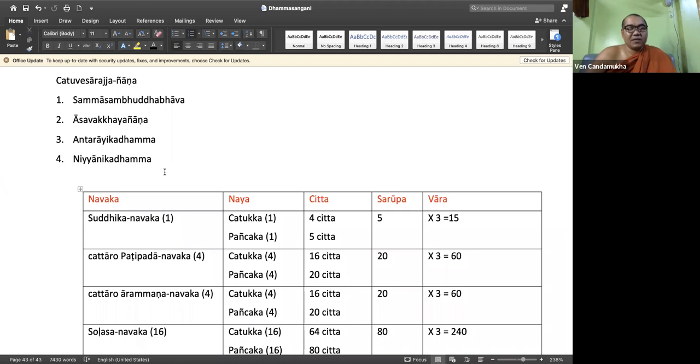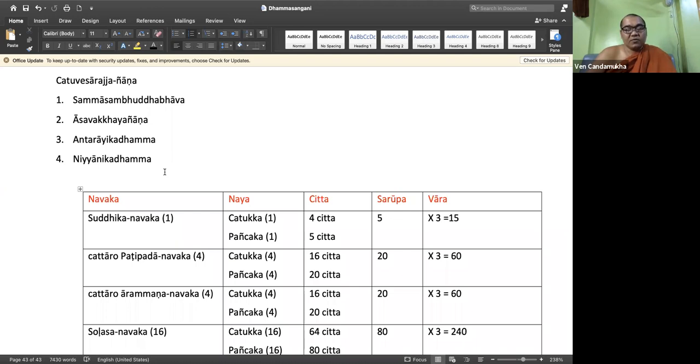Unshakable, very brave. And the Antarayika Dhamma: the Buddha explained that these are the dangers or obstacles to the attainment of jhana, magga, phala. So no one can deny, no one can reject that what the Buddha said is wrong. In this way, no one can reject.